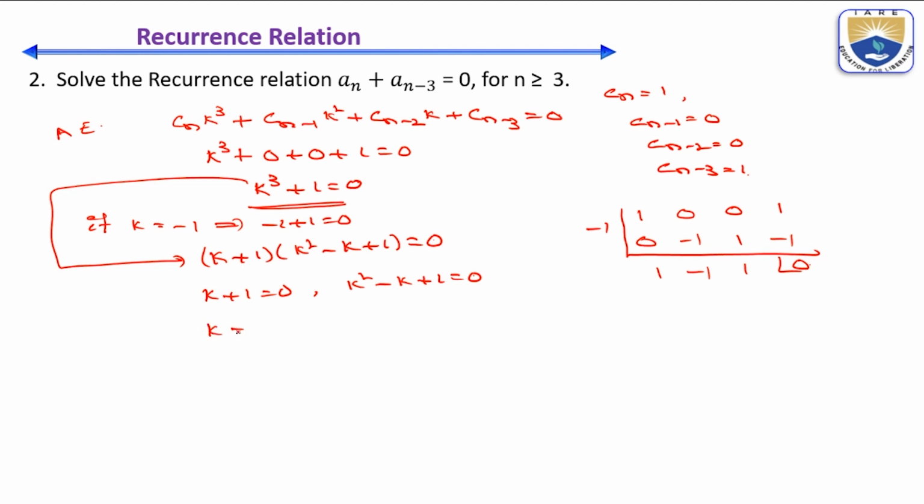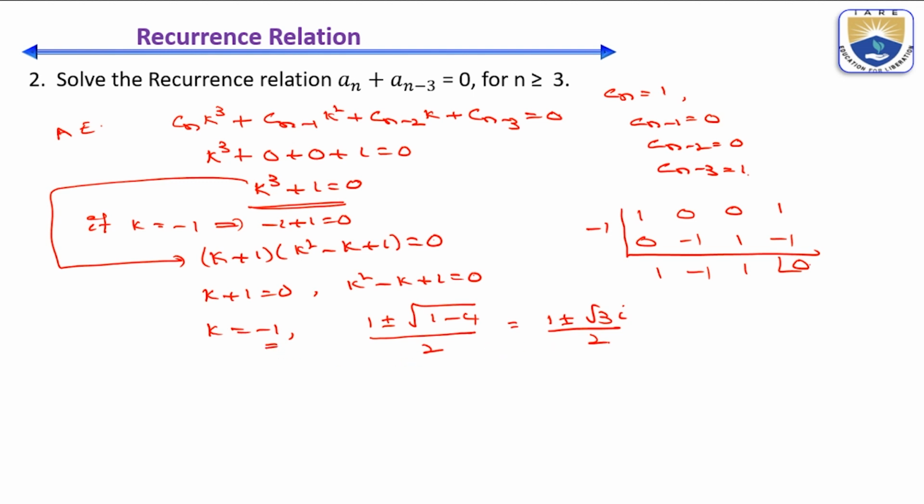Then k equals minus 1, then it is minus b plus or minus root b square minus 4ac by 2a. So it is nothing but 1 plus or minus root 3i by 2. So here one root is real and the remaining two roots are complex roots.